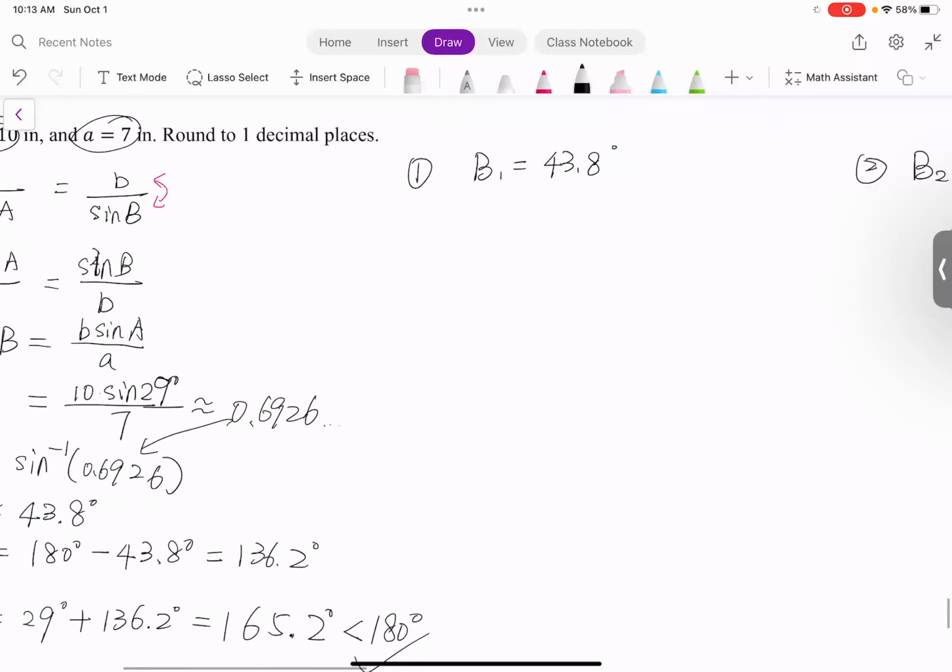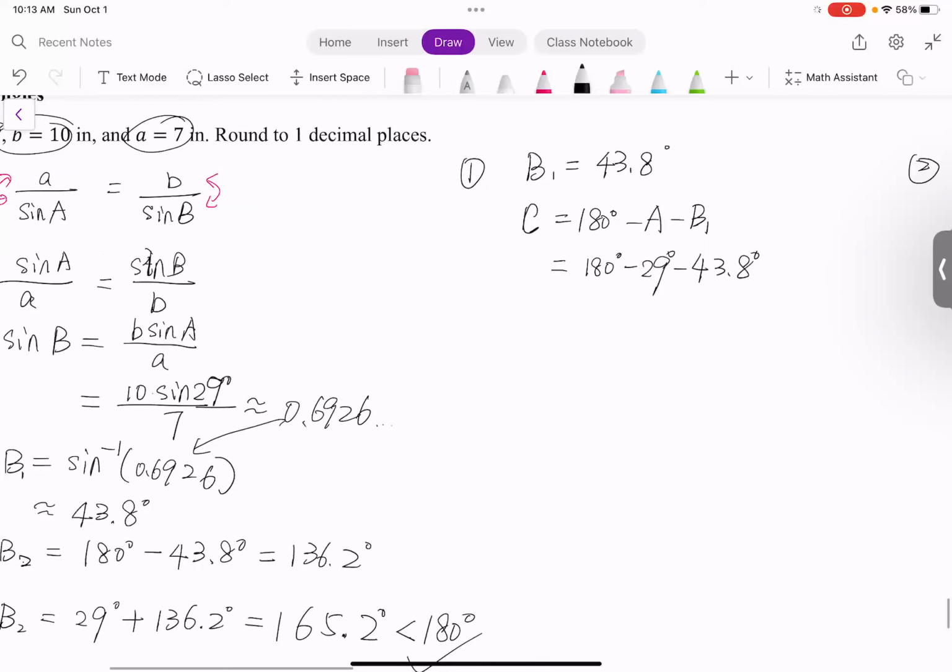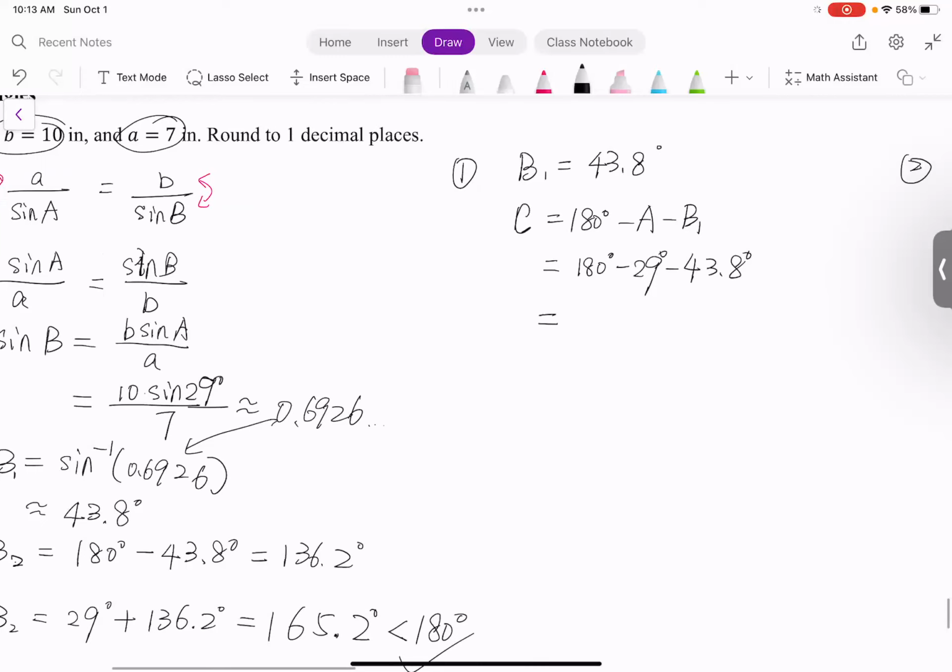And then finding the two triangles, first I need to find the angle C. Angle C equals 180 degrees minus A minus B sub 1. This is 180 minus 29 minus 43.8 degrees.